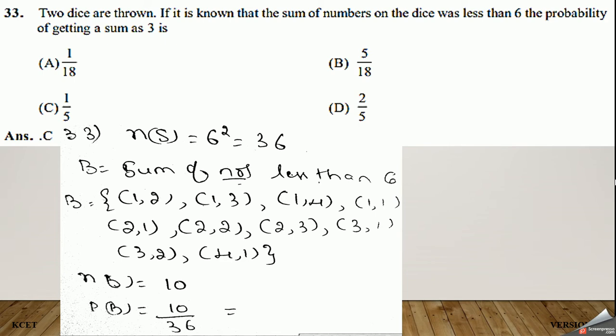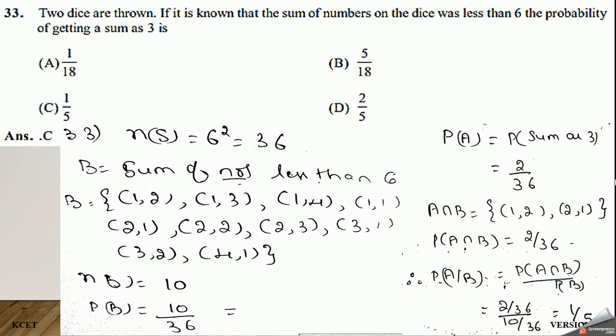For sum of numbers less than 6, we have the possibilities 1 1, 1 2, 1 3, 1 4, 2 1, 2 2, 2 3, 3 1, 3 2 and 4 1. So n of B is 10, so probability of B is 10 by 36.